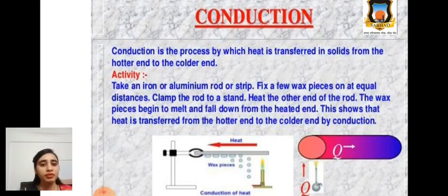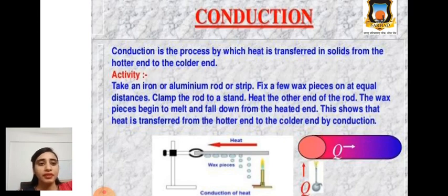What we have to do is switch on the gas burner, then put the spoon on that burner, and after some time heat is transferred to the other end of the spoon, which we hold from the other side. So do it carefully because heat is transferred to the other end and our hand also becomes hot.